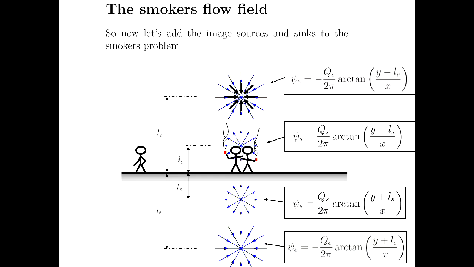Okay, so let's try and do this problem together. My stream function now has 4 terms.